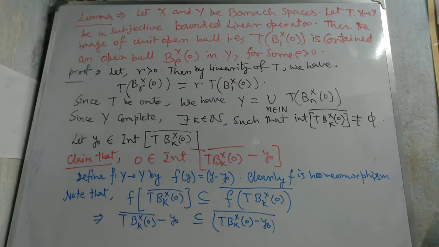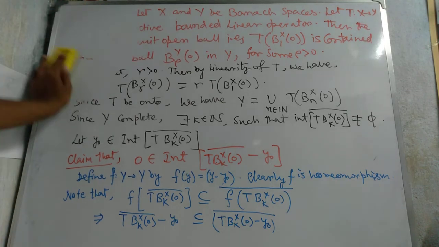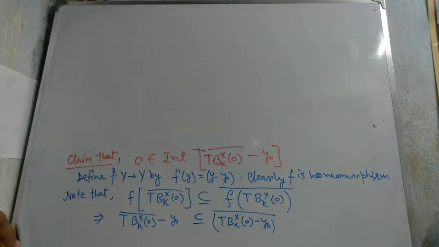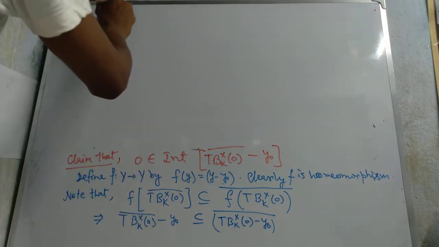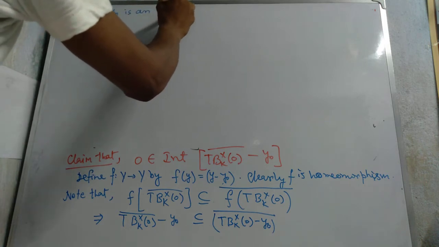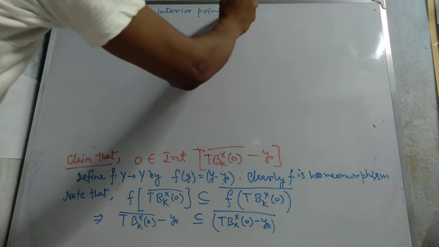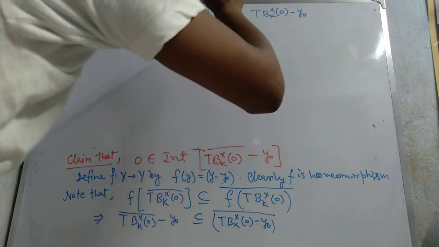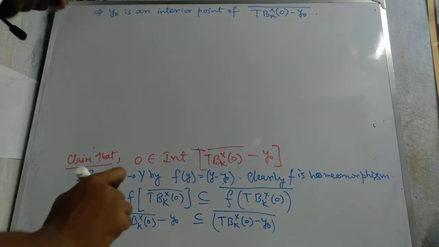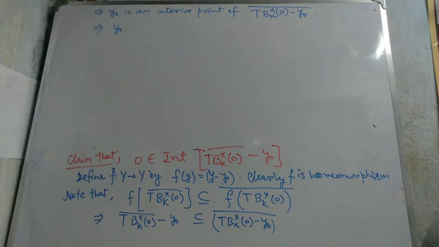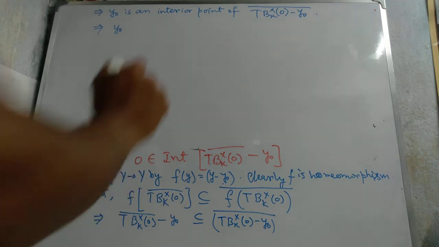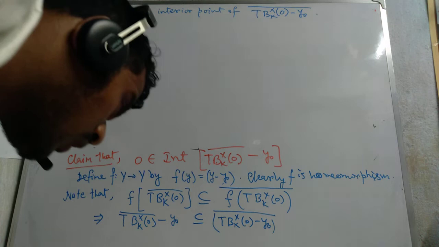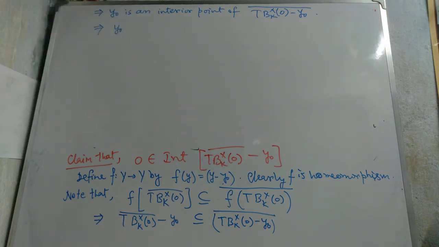Now we show that y0 is an interior point of the closure of T(B_k(x0)). Then y0 is an interior point of this closure.